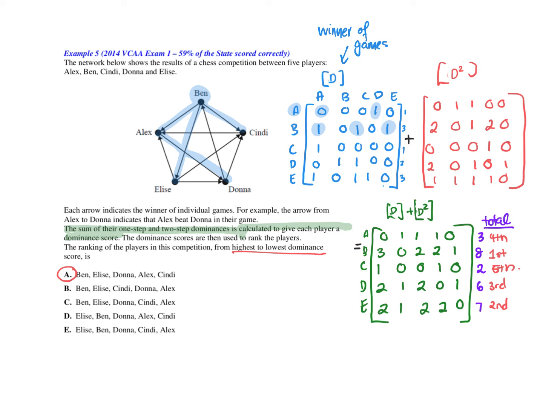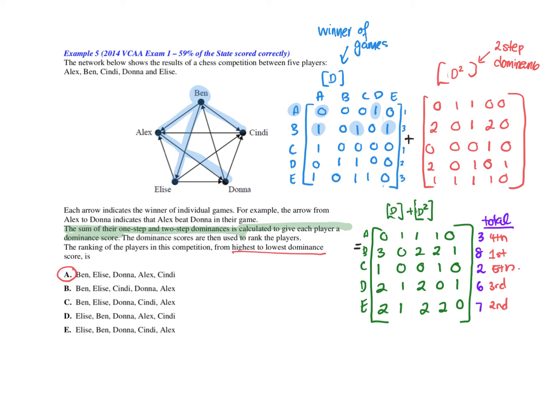So they've asked us, the way they're going to calculate dominance is they're going to do 1 and 2-step dominance. So here is where I've created the 2-step dominance matrix. And the way we've created that matrix is we've simply squared that blue one.